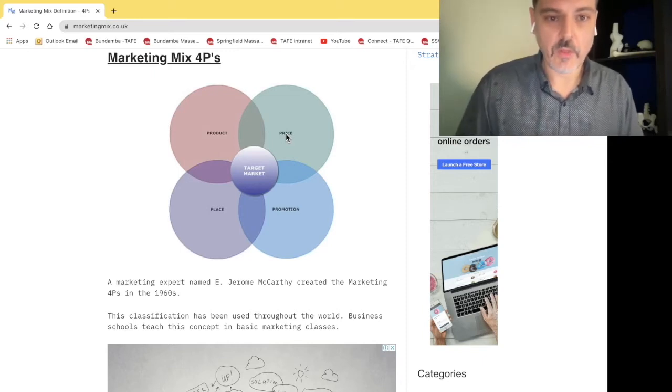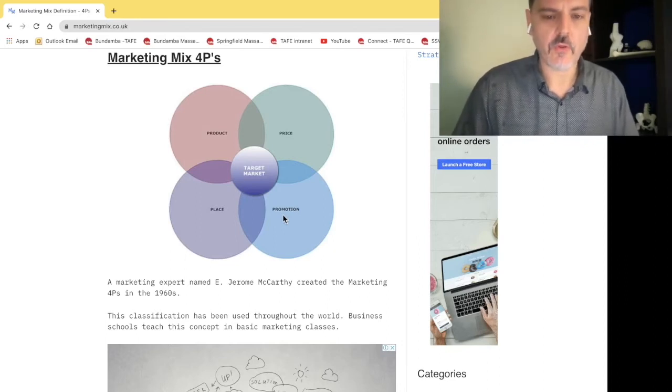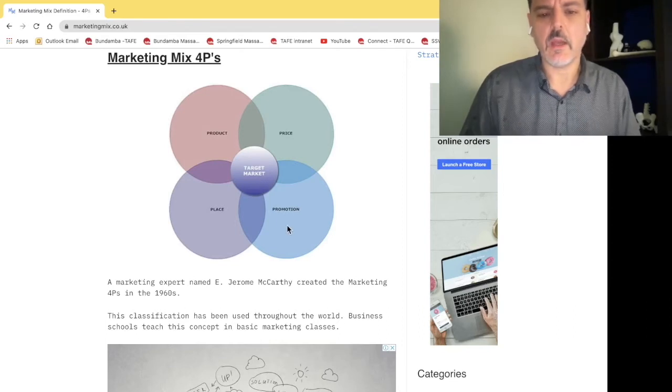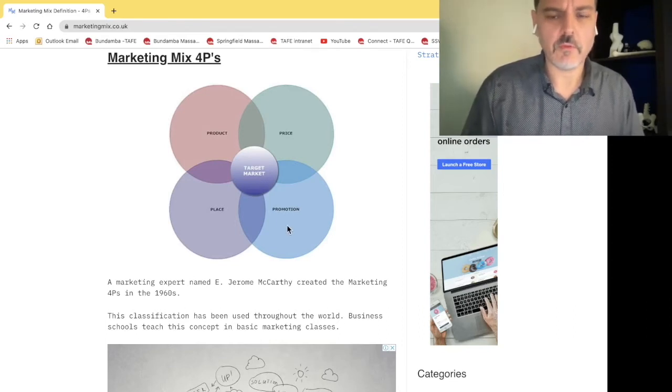And then the place, so you're going to look at your placement in the market, and finally the promotion and the method of promotion. So for your target market, let's say, if you're speaking of pensioners, or you might be addressing a service for people with dyslexia, you wouldn't put all of your promotion in an online readable format.